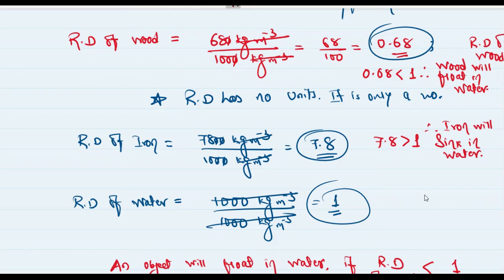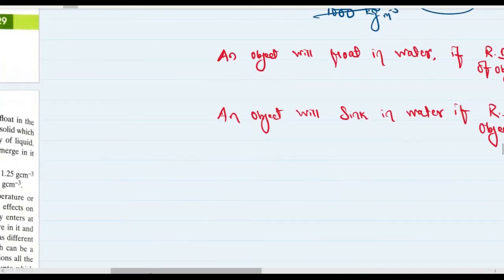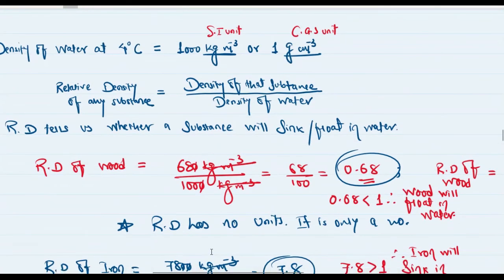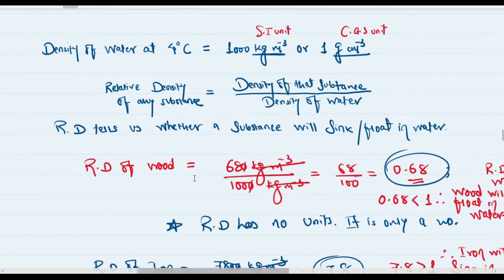Okay, so this is very evident, and the concept behind relative density and sinking and floating objects becomes crystal clear from here. I hope all of you have understood what relative density is. Relative density is density of any substance upon density of water, both being in the same units, right?